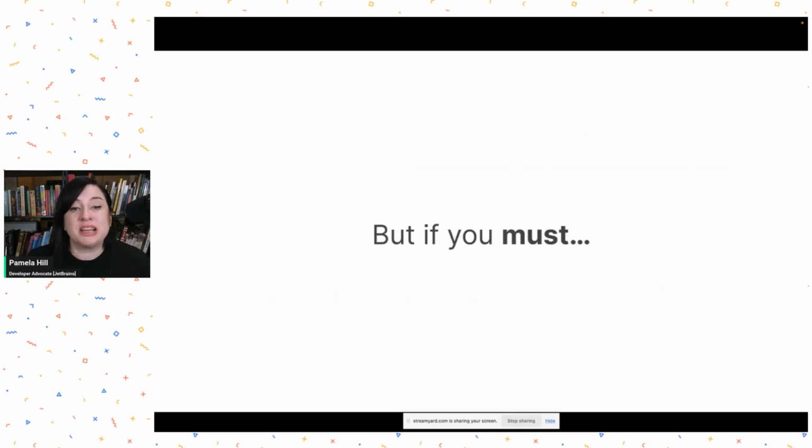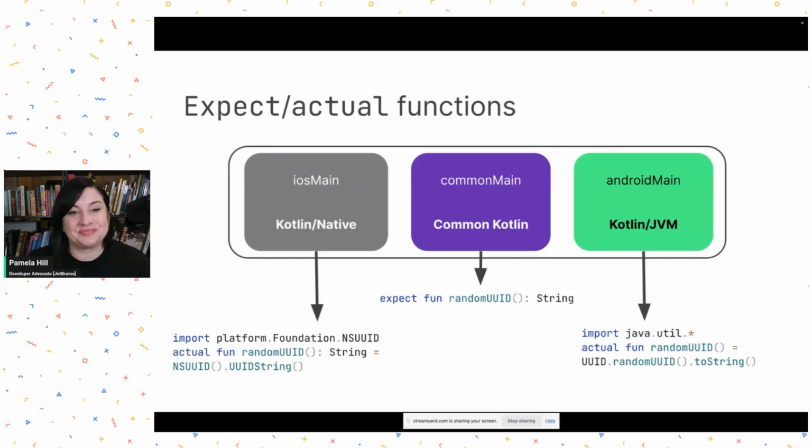But if you must use expect actual, you can use expect actual functions. So here we have an expect fun. I hope you expect fun. A random UID that returns something of type String in common main. So this whole block is our shared module, and then we have common main where our common shared code lives, and then we have iOS main and Android main where our platform specific code lives.